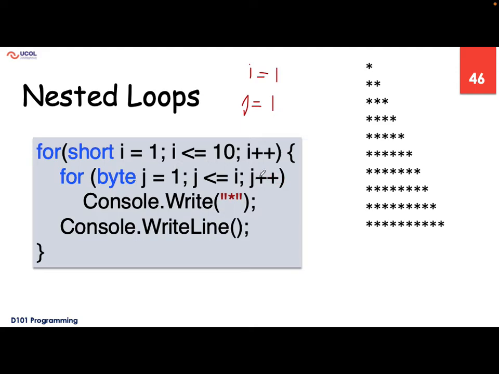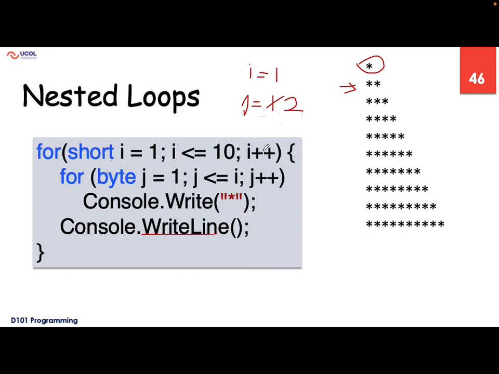So, this value will become 2. Yes. Once it becomes 2, what is the condition? 2 is less than or equal to 1? No, so the inner loop has finished. Now, we are saying go to the new line. So, we have printed that particular line, and then we go to the new line, here, new line.